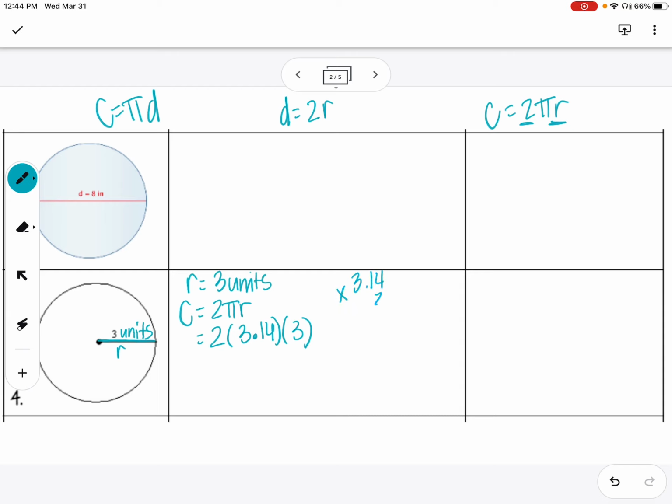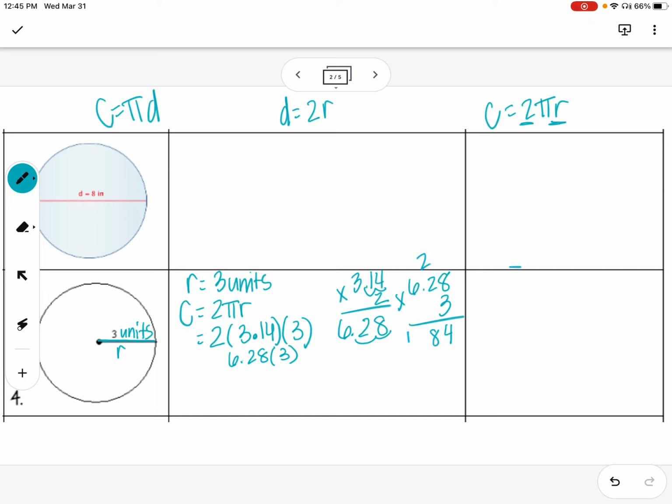3.14 times 2. 2 times 4 is 8. 2 times 1 is 2. 2 times 3 is 6. And I have 2 decimals, so we're going to write 6.28. And then my next step, so 6.28, is to multiply by 3. So I'm going to do 6.28 times 3. 8 times 3 is 24. 3 times 2 is 6, plus 2 more is 8.